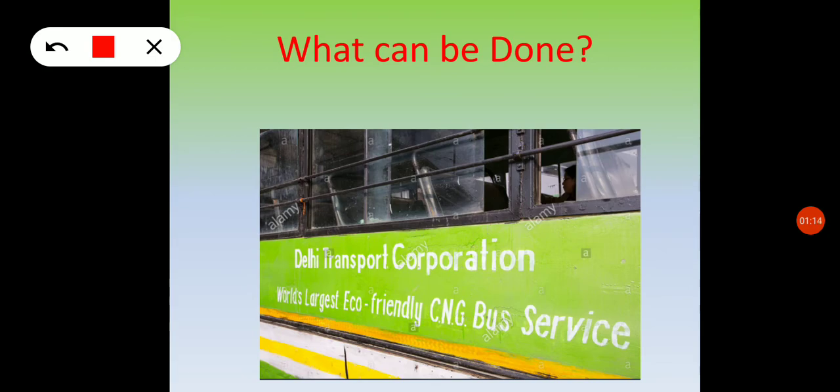Here you can see in the image, Delhi Transport Corporation, world's largest eco-friendly CNG bus service. Instead of petrol, they are using CNG, a cleaner fuel. This has got a very good result. The pollution has been reduced and cleaner air has been observed.